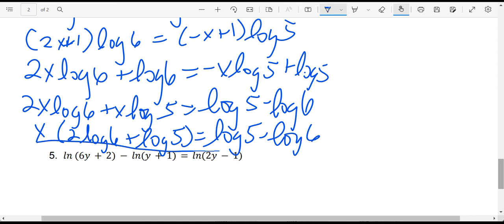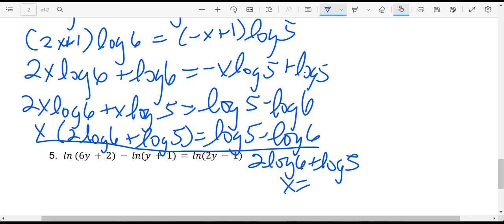If I divide everything by 2 log 6 plus log 5, that will get you your answer, which is just x equals negative 0.035.